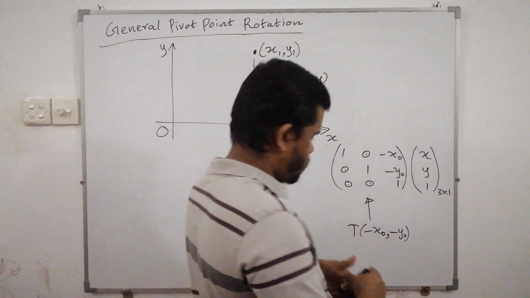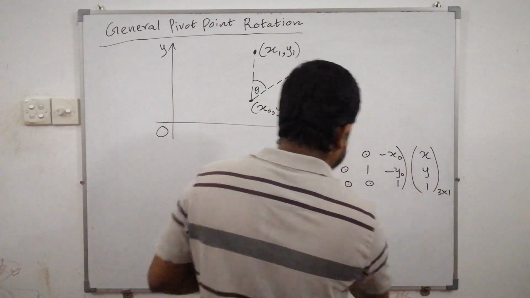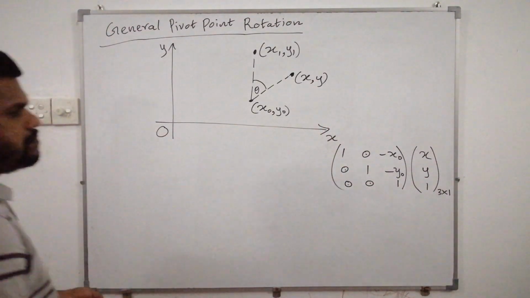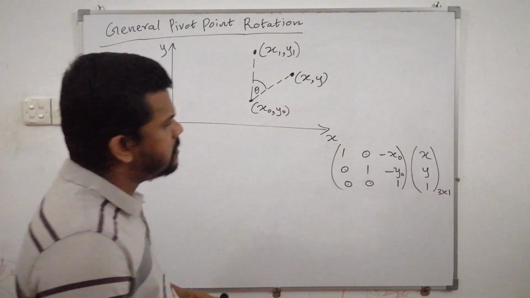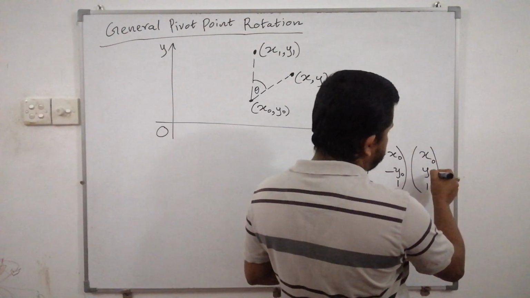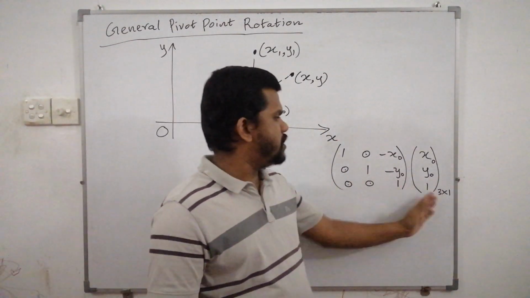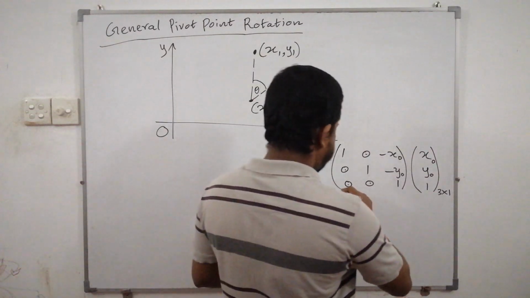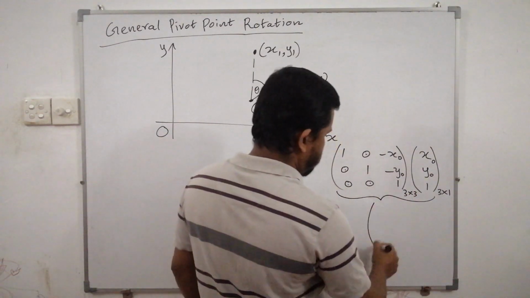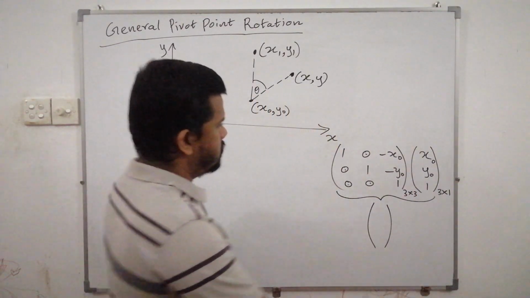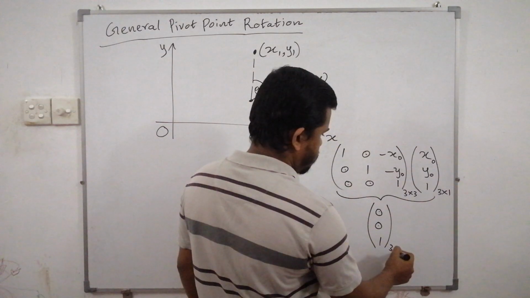So in order to simplify our understanding, suppose that we have x naught, y naught here, this point. Then the multiplication of these two matrices will give us what? 0 0 1, a 3 cross 1 matrix.